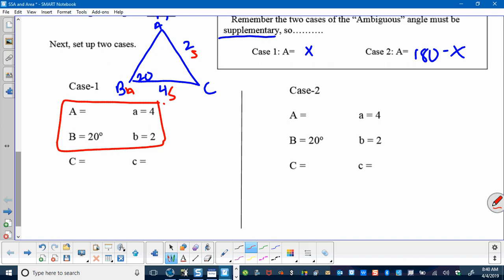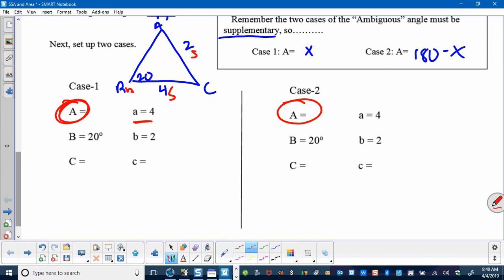Okay, so I have matching pairs with B, and I have information about little a, so I can now find big A. So my ambiguous angle is the angle where I know the side, but I don't know the angle. If you try to use law of sines with C, you're going to have too many variables going on. You're not going to be able to solve it. So my ambiguous angle is A, circle it.